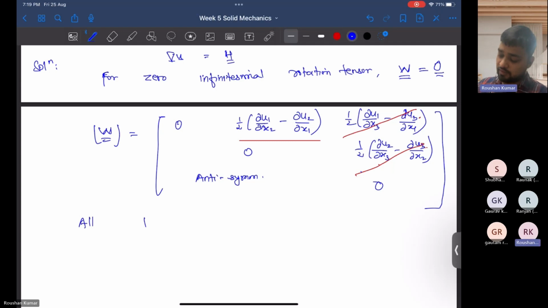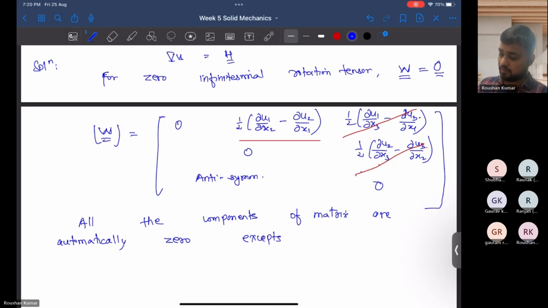So all the components of the matrix are automatically 0 except the 1,2 component.